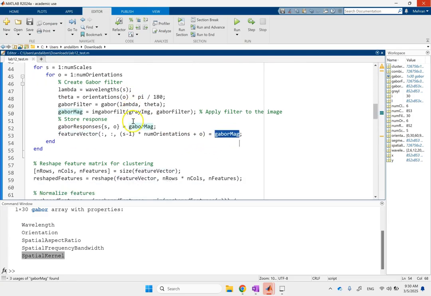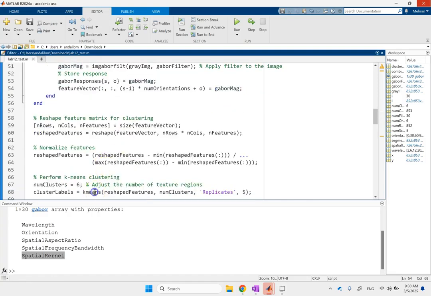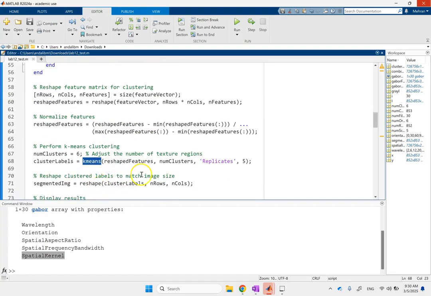And once you get these magnitudes, now you can go ahead and pass them to the K-means. So for the K-means, I have to give it the number of clusters. I go with 6. And then the reshaped feature. Now, what is reshaped feature? When you pass data to K-means, you cannot pass to it data that are in the shape of a simple image.